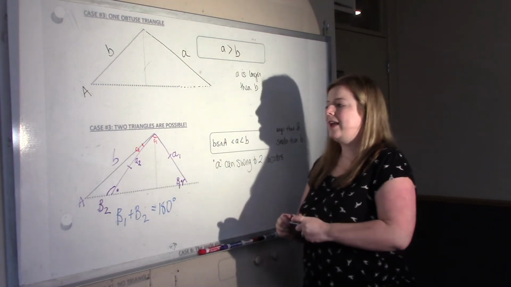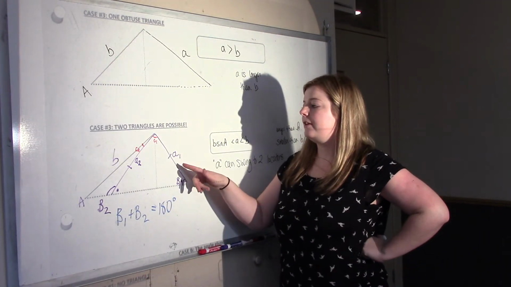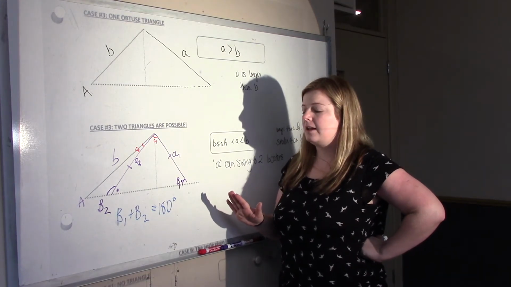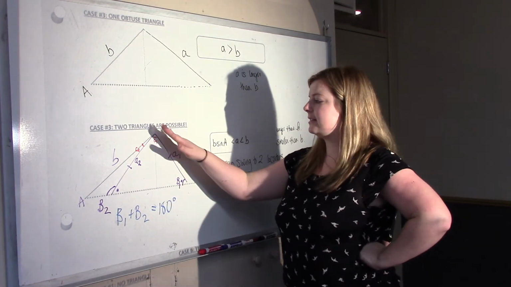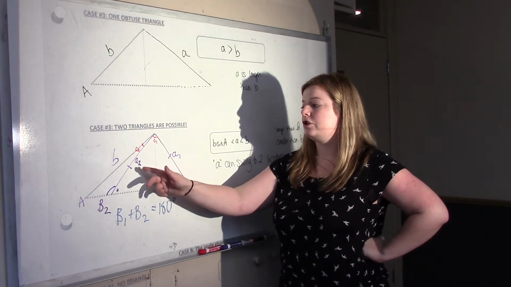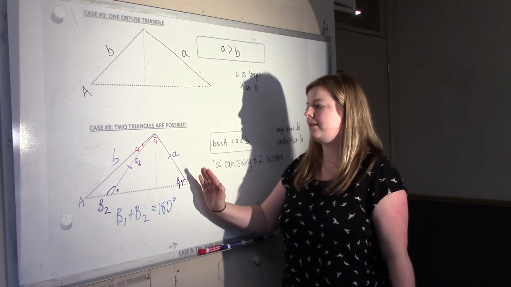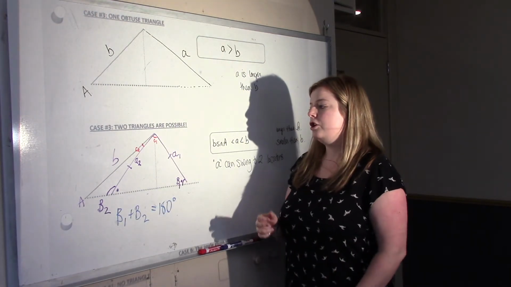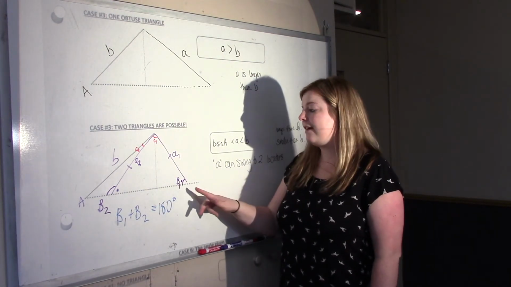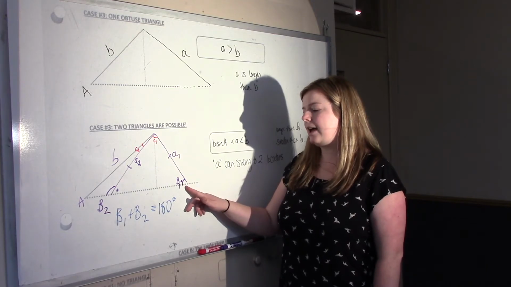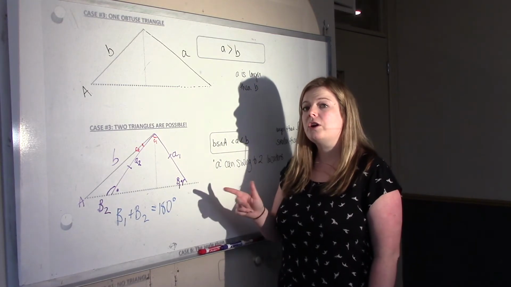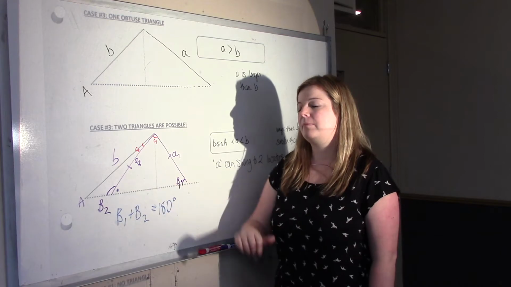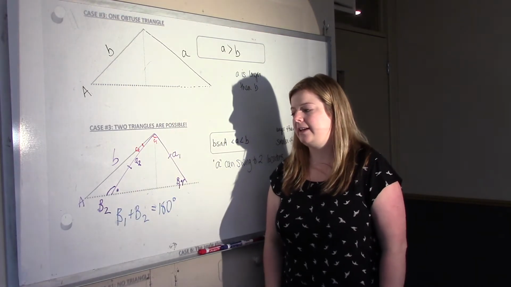Again, the length of A is the same regardless, but A could be in this location or this location. So A1 and A2, they're the same length, it's just, is it placed here or is it placed here? So because of that, you could have angle B being an acute angle here, or you could have angle B being an obtuse angle if it's placed here.